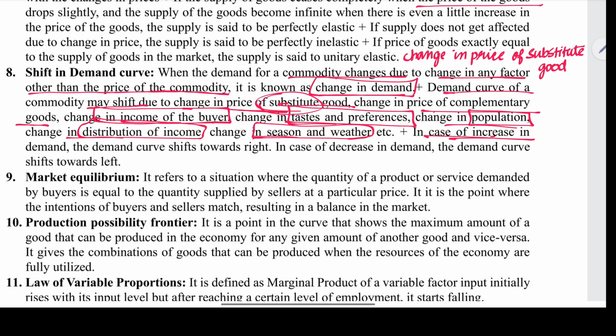In case of an increase in demand, the demand curve shifts towards the right. In case of a decrease in demand, the curve shifts towards the left. So increase means it goes to the right and decrease means it goes to the left.